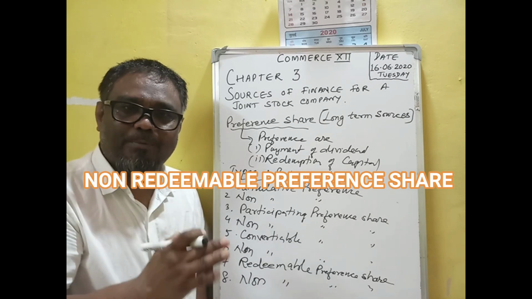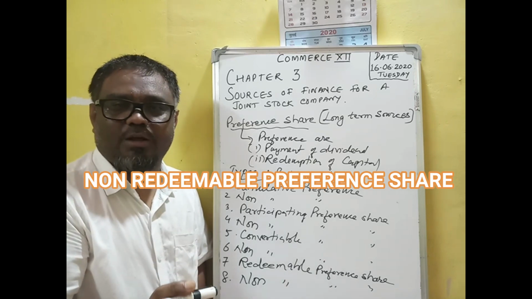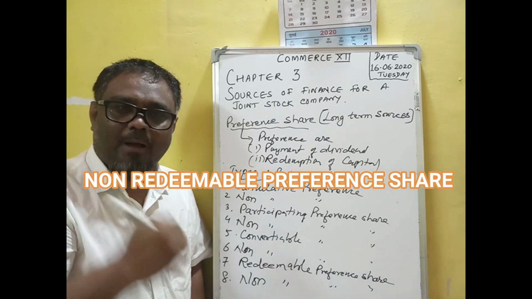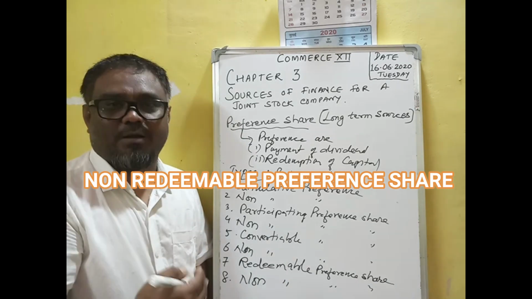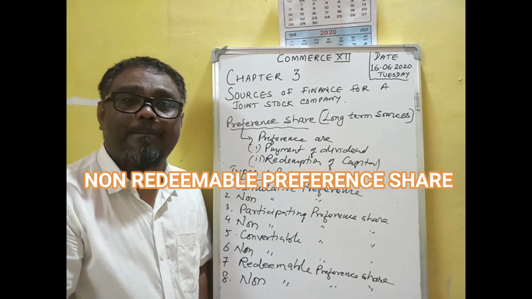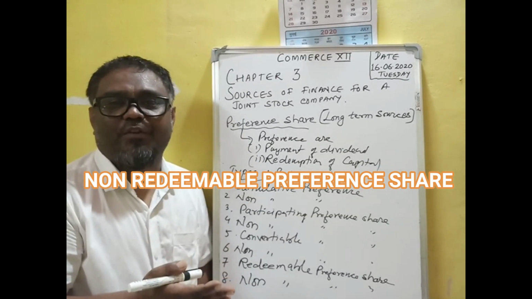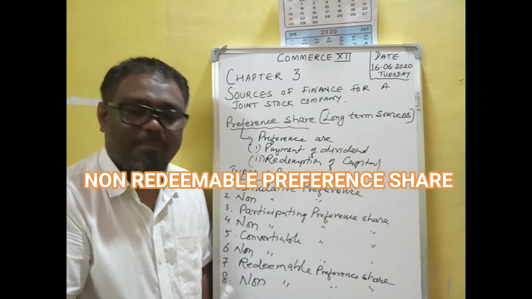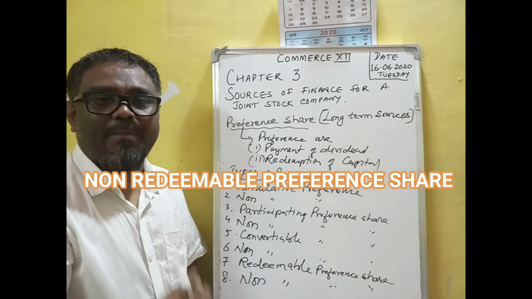It has no expiry time. Company will return back the preference shareholders' money after the end of the company. When the company is closed, when the company is wound up, then only the company will return back the preference shareholders' money. So this type of shares are called non-redeemable preference shares.